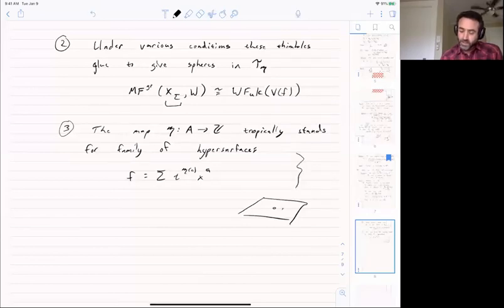And one might be interested in, of course, this monodromy around the origin. The point I wanted to make here was that there is a natural monodromy map on the tropical level, which is kind of fun to write down.